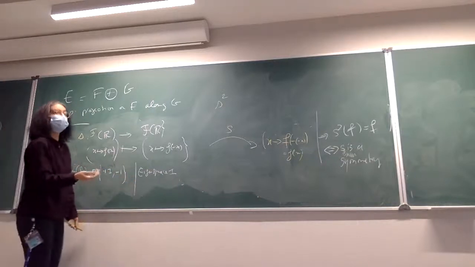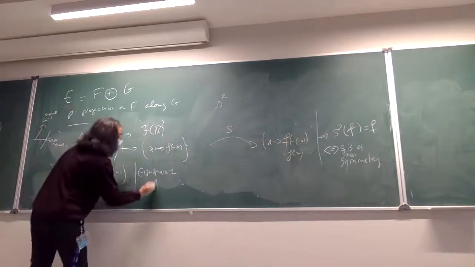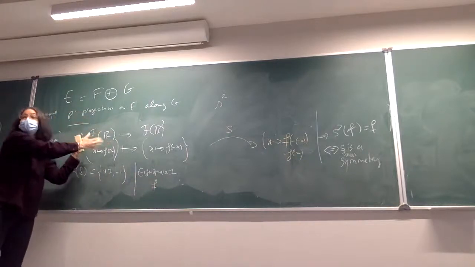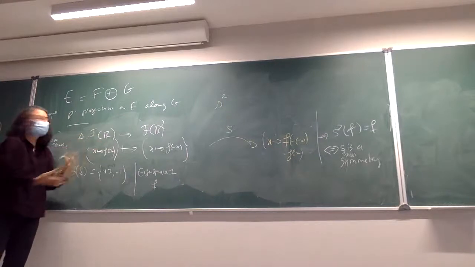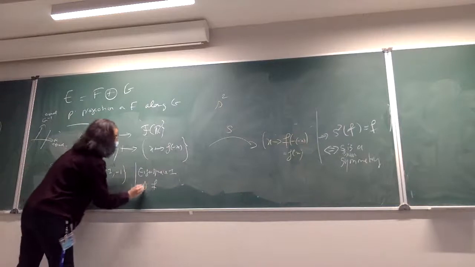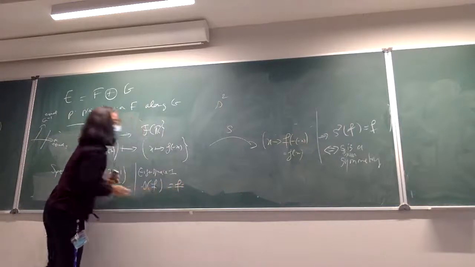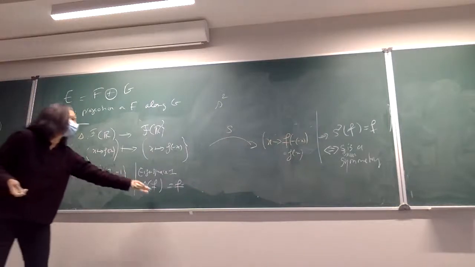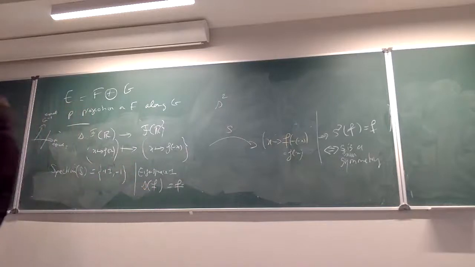So what should I look for? I should look for functions f, right? My space is going to contain functions because we're in a space of functions. Functions f that will satisfy that. That's the definition of an eigenvector corresponding to eigenvalue 1.